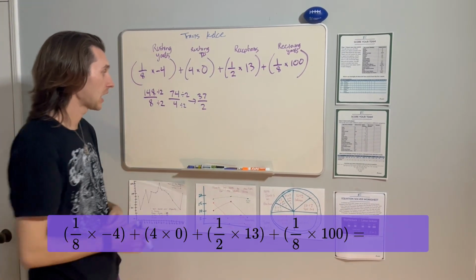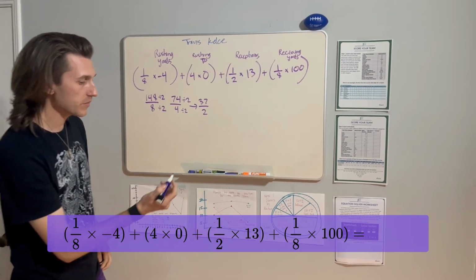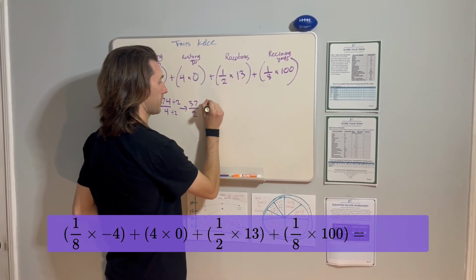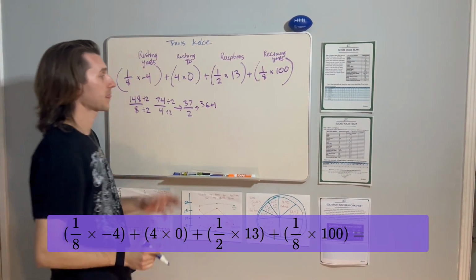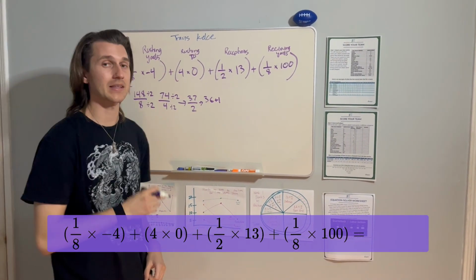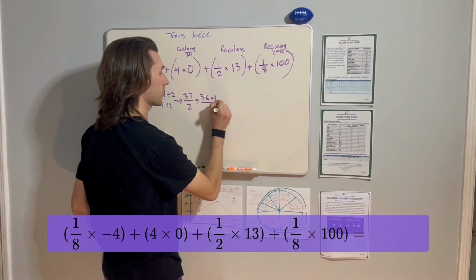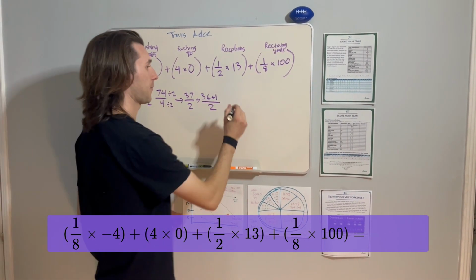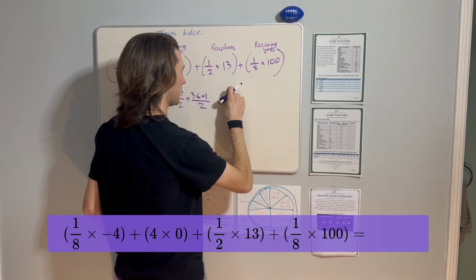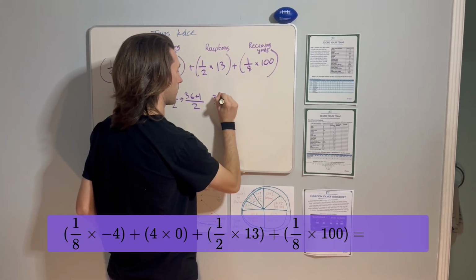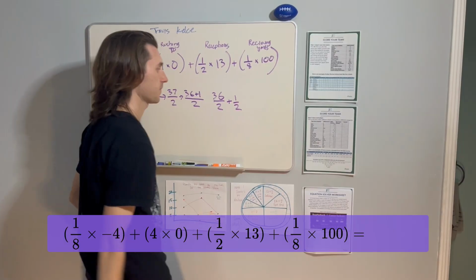But what I'm going to do is split 37 into 36 plus 1. Now I'm doing this because I know that 36 is even, which means that it's divisible by 2. So once I've split it into 36 and 1, I'm going to go ahead and split it again visually for you here, which will just be 36 over 2 plus 1 over 2.